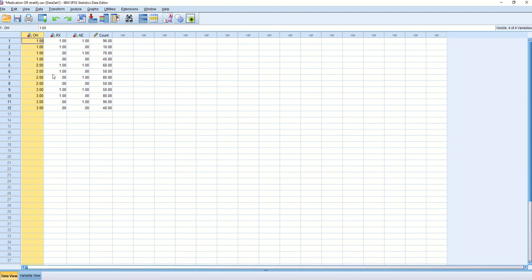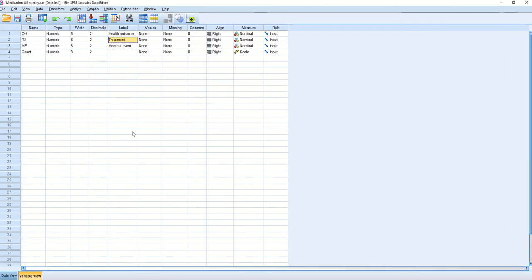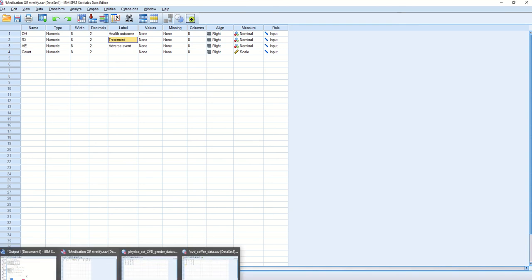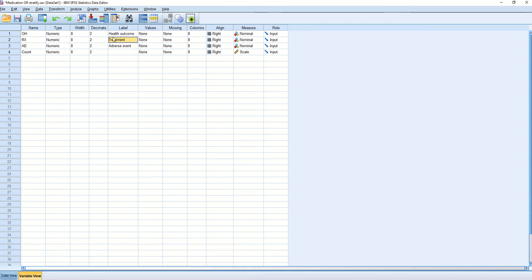So what I would like to do is compare the proportion of people taking medication, whether or not, based on the different types of health conditions they have. So what I did is I gave some labels to these variables, and you can also give them some values, but we don't have to do that.